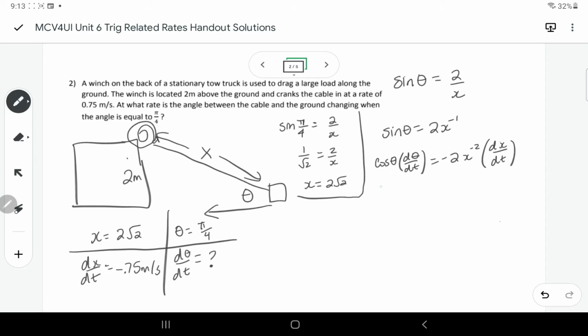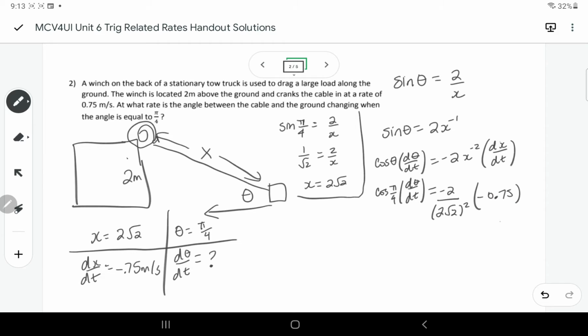Now I can throw in all the stuff that I know, and solve for d theta dt. So cos of pi over 4 d theta dt is negative 2 over 2 root 2 squared, and then dx dt is negative 0.75.